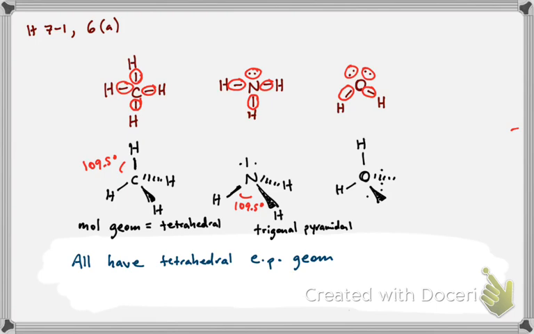So in this case, again, my electron pair geometry is tetrahedral because I've got 4 regions of density. But my molecular geometry in this case is called bent. So molecular geometry is bent. The angle for this one, again, 109.5.